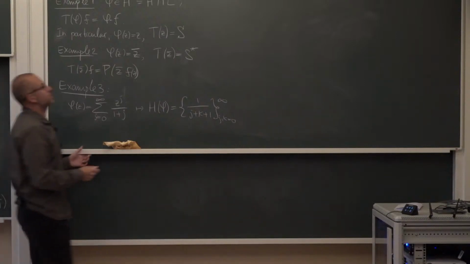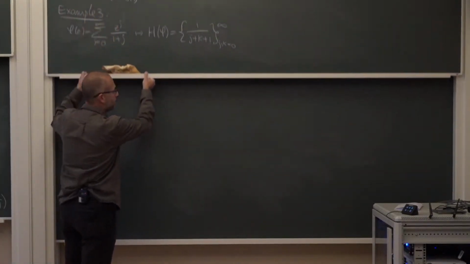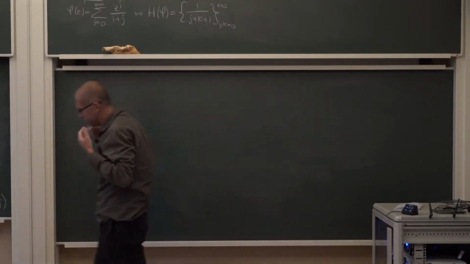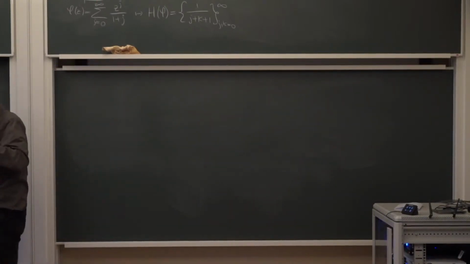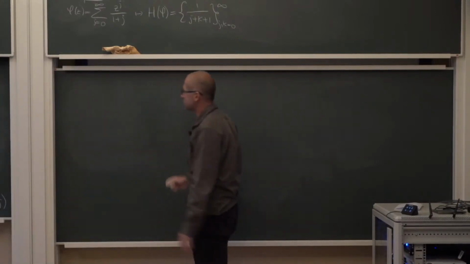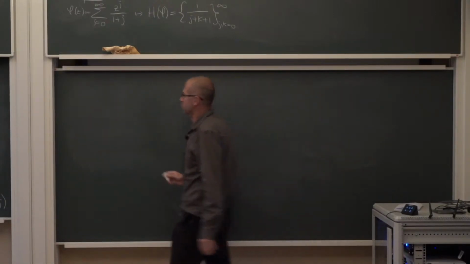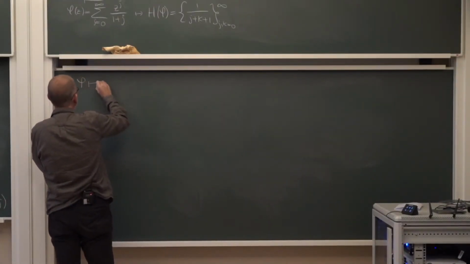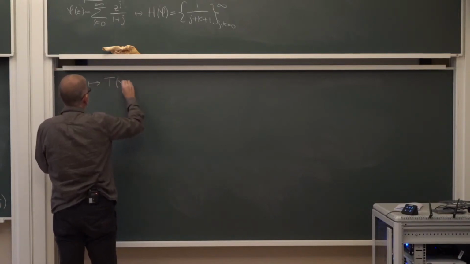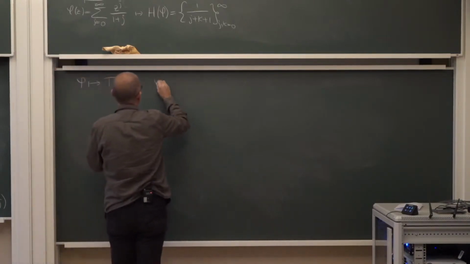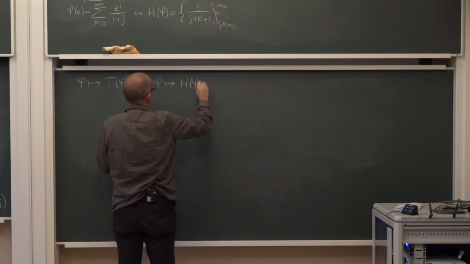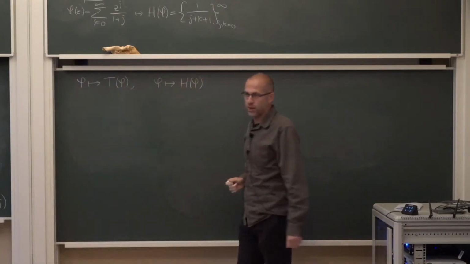So now, what are the questions in this theory? How should one think? Let's take a bird's eye view of the theory of Hankel and Toeplitz operators. You should think of it as the study of the map from the symbol to the corresponding operator. So we are studying the properties of two maps.